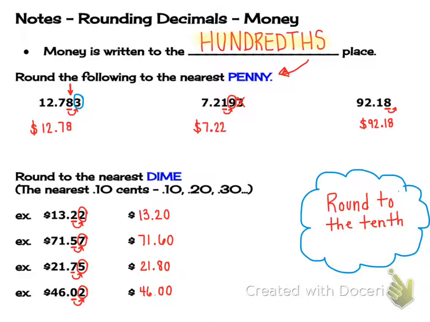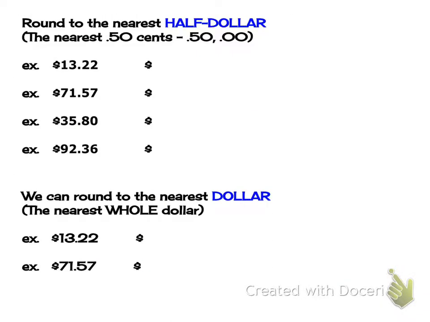All right, the next thing you would possibly round to is the nearest half dollar. So this is a little bit tricky because the nearest half dollar is either closer to the 50 cents, halfway between the $2, or closest to the whole dollar.